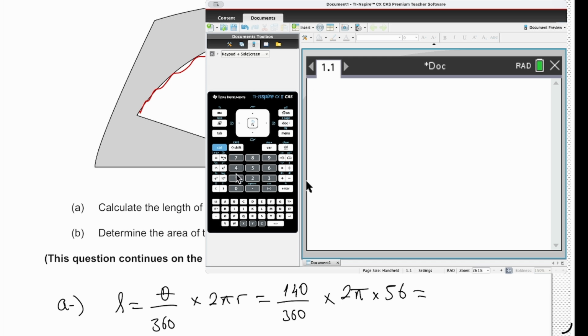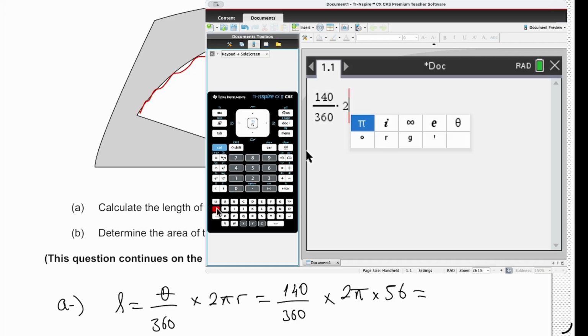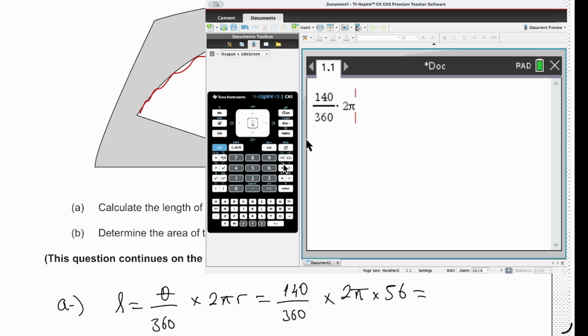So 140 divided by 360, times 2 pi, times 56, and enter. 136.83.